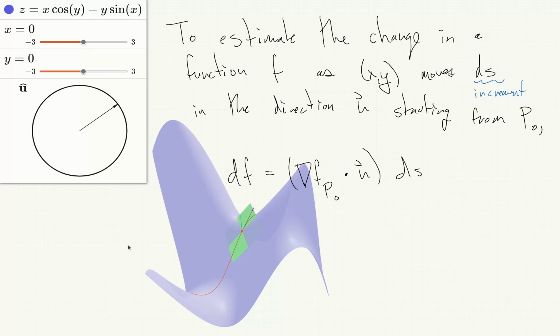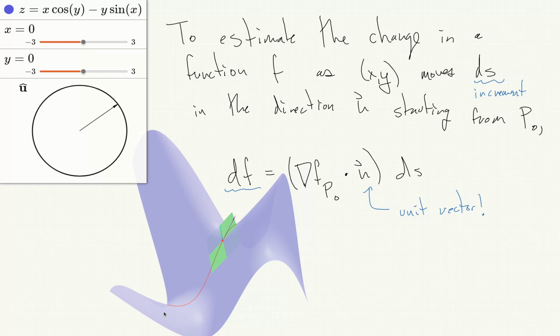So be careful here. This needs to be a unit vector. So if you're just given something like in the direction of blah, then you need to divide by the length first, as we did in that example just now. And here by df, I guess we sort of mean the approximate change in f.